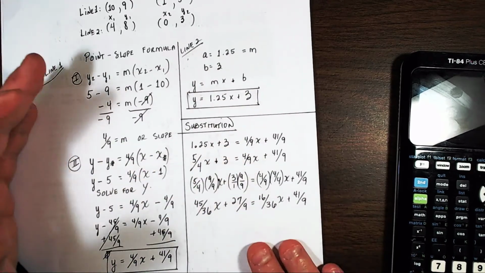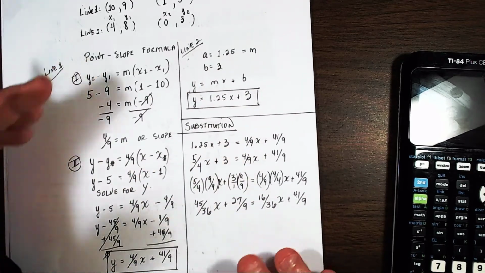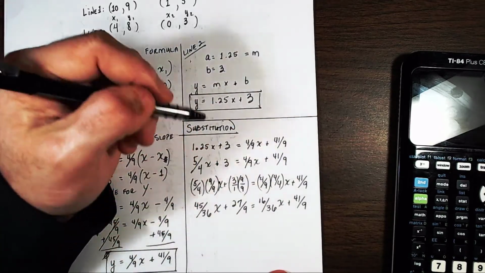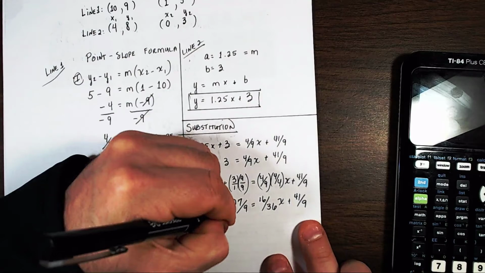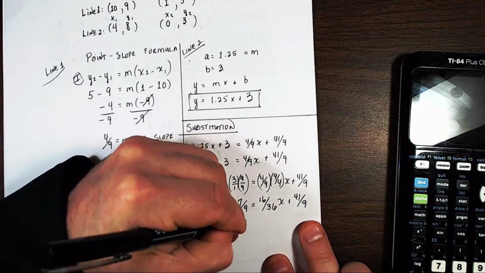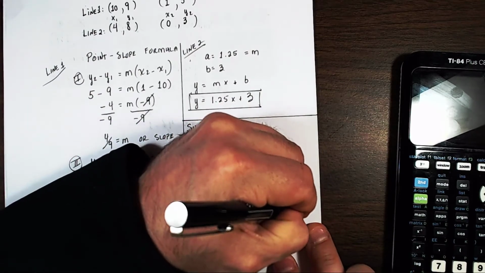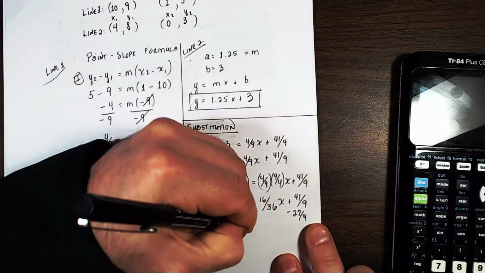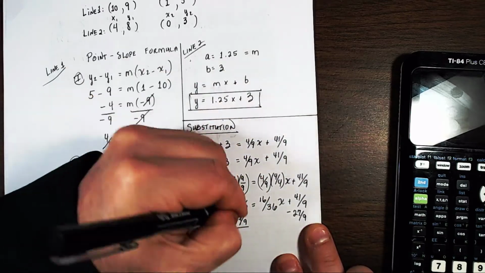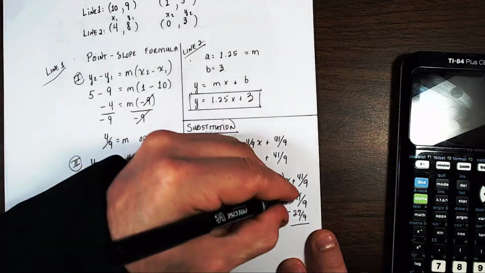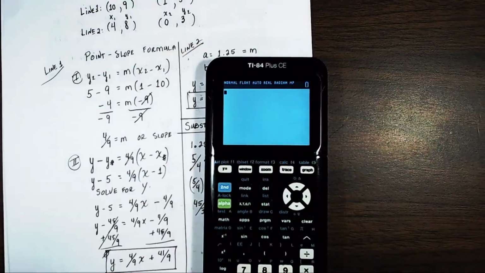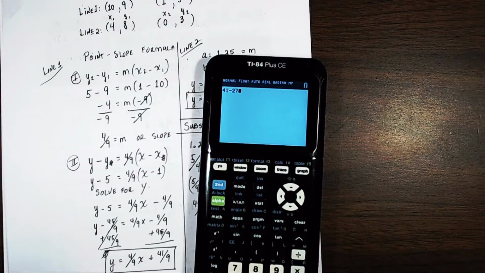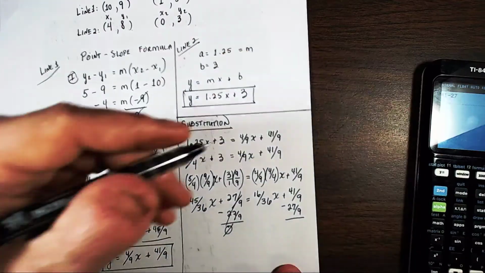So now I want to get x by itself. All right? So in order to do that, I will move this term over here. So I'll subtract 27/9 from the left and subtract 27/9 from the right. That gives me 0. And 41 minus 27. Let's rely on the calculator for a minute. 41 minus 27 gives me 14.